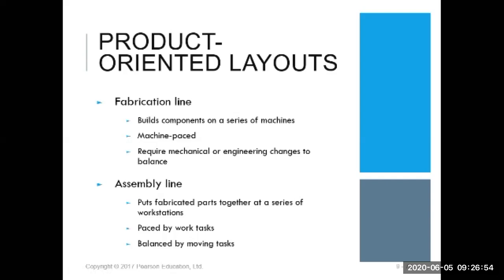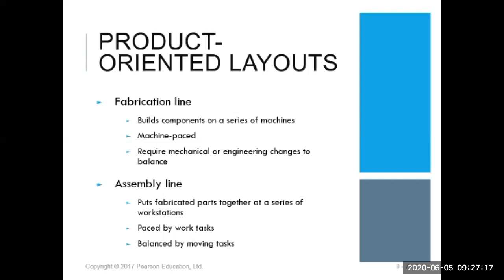In the fabrication line we need to balance the production, and we need a mechanical engineer, because the pace is set by the machine. To balance between the processes, usually we need to make mechanical or engineering changes.